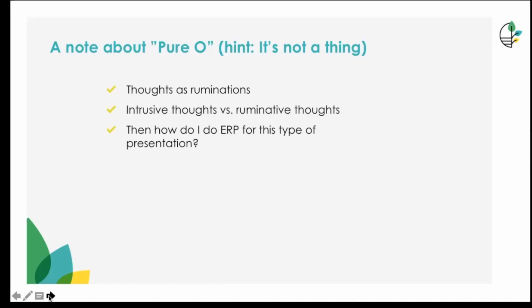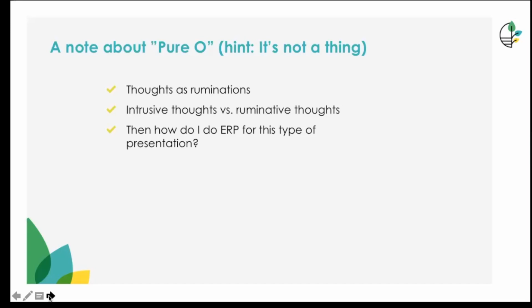He has wonderful blog posts about rumination, but the way he describes the difference between an intrusive thought and a ruminating thought is the idea of, if I tell you guys not to think of a white elephant right now, you're probably all thinking of a white elephant, right? That is unavoidable, can't really do much to stop it, don't want to suppress it.